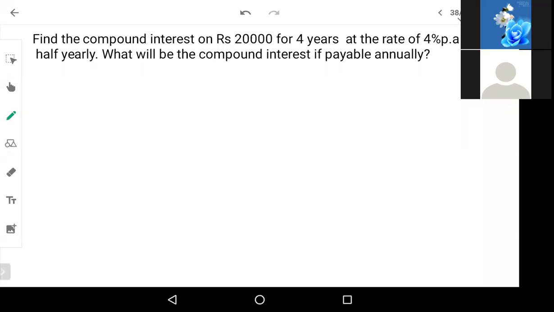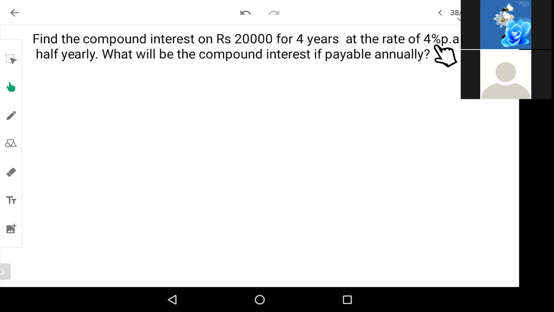Now let's go to the next question. Find the compound interest on 20,000 for 4 years at the rate of 4% per annum payable half yearly. What will be the compound interest if payable annually? Now, if you see here, they have given you the principal, the number of years, and the rate of interest.